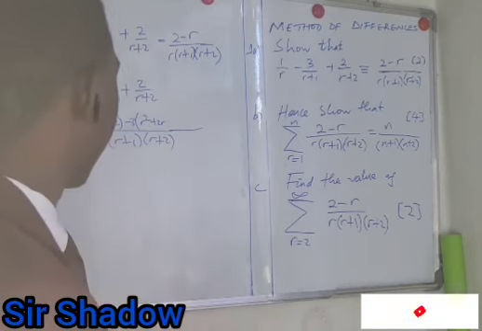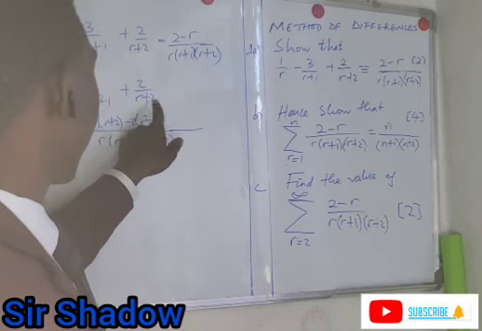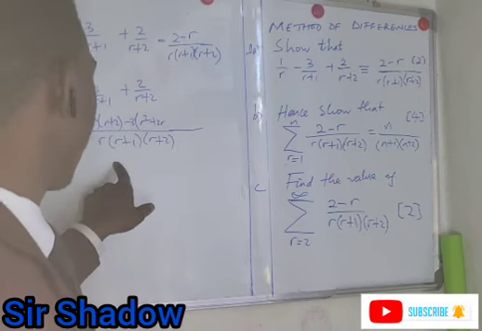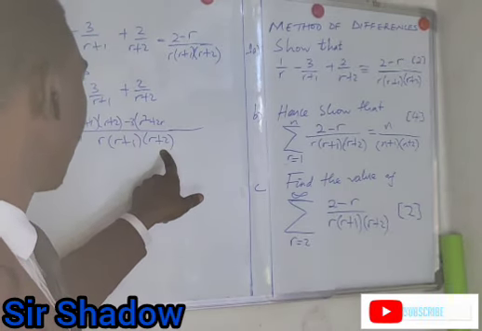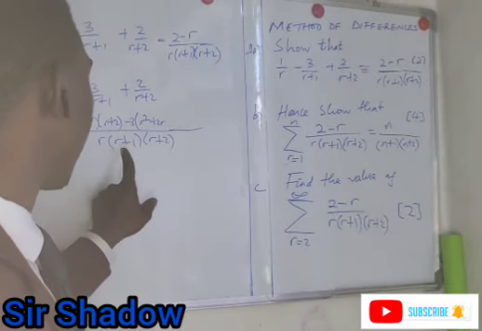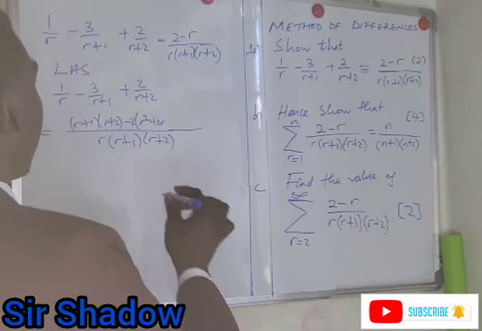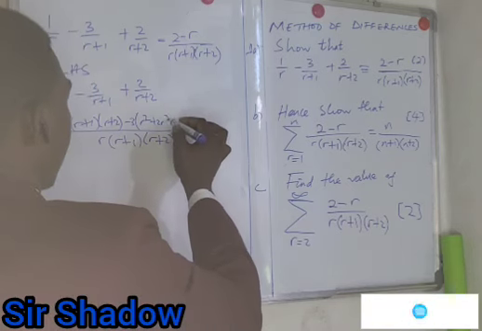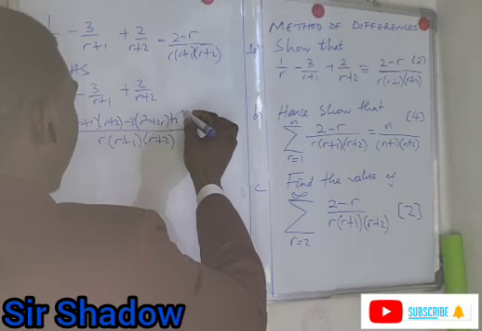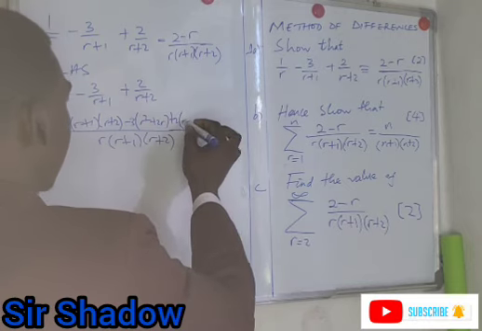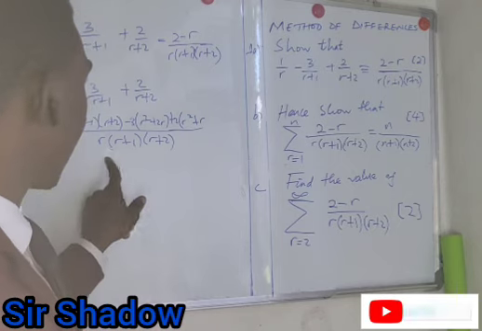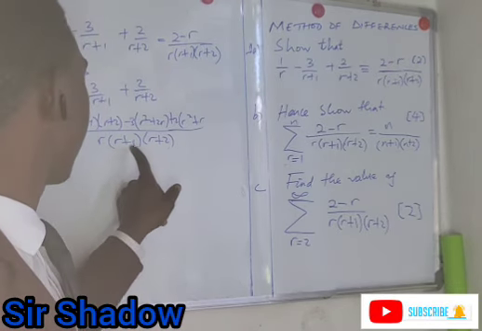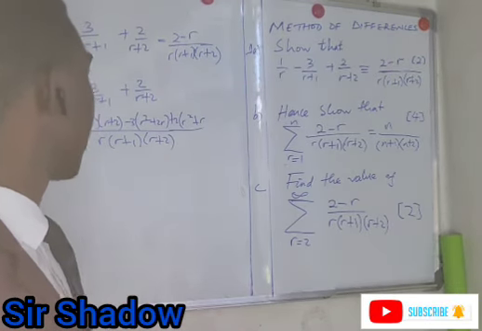Then r plus 2 into the lowest common denominator: we cancel r plus 2 and are left with r open bracket r plus 1. So plus 2 is multiplying r squared plus r, because r times r is r squared, r times 1 is r, right?